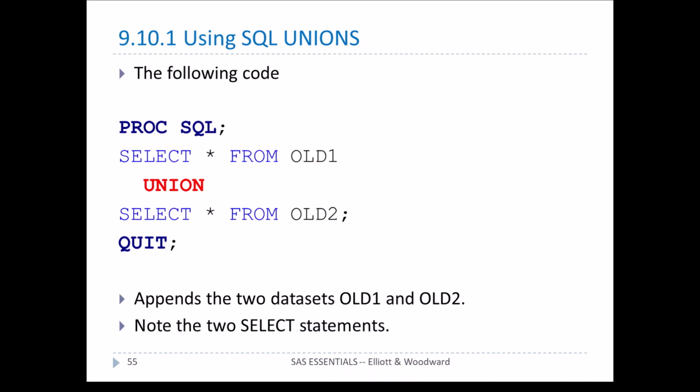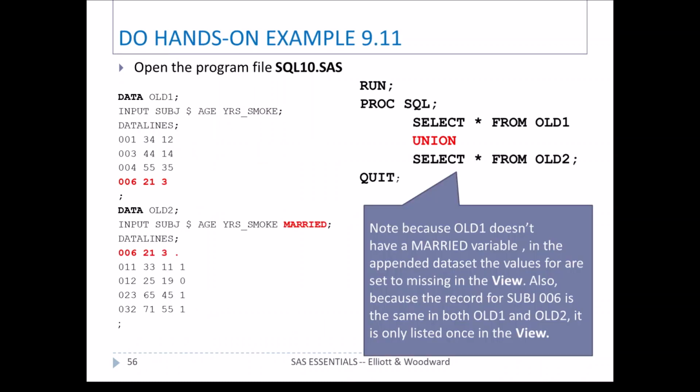We have to say PROC SQL, select all the data from old 1, union, select all the data from old 2. What this does is it appends the two data sets, old 1 and old 2, and so we have a view that contains all the information. Here is an example. So open up the file called sql10.sas, and we see that we have two data sets.